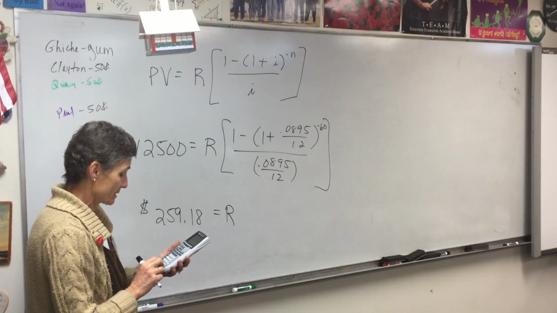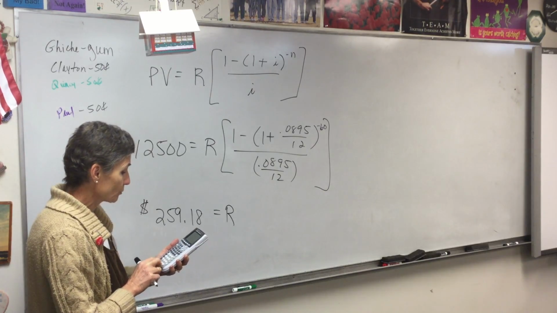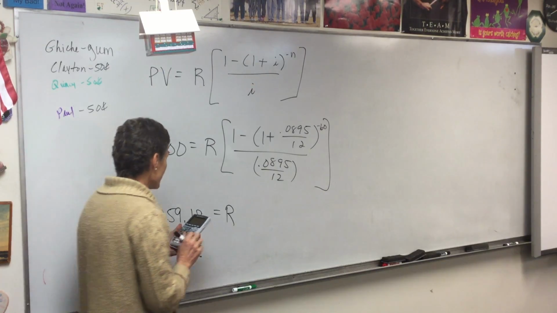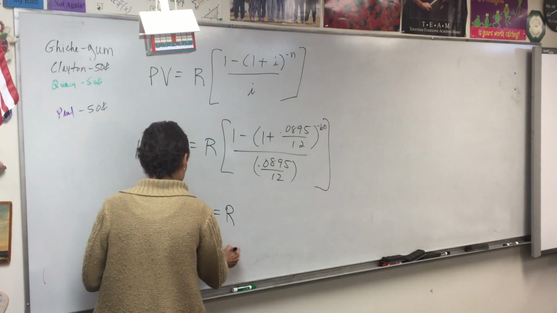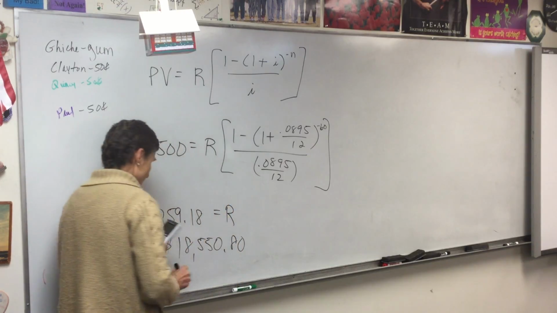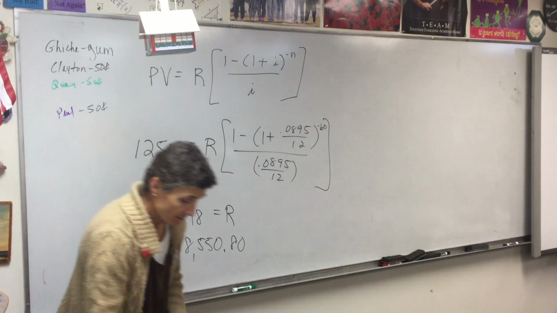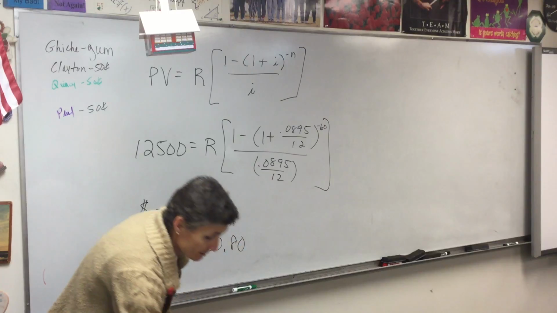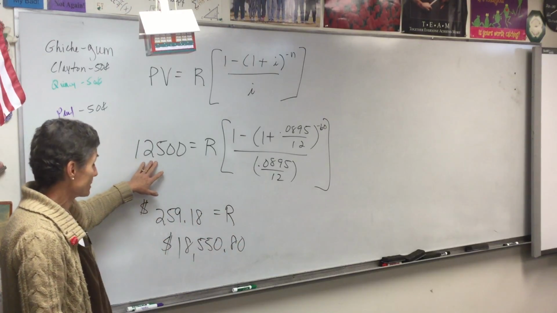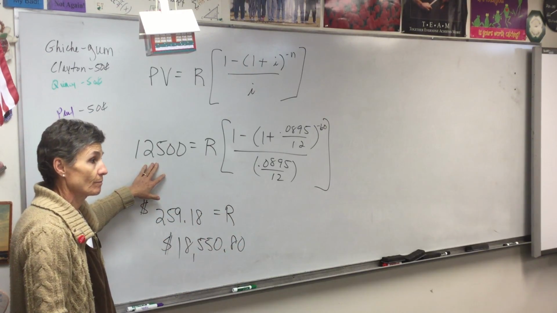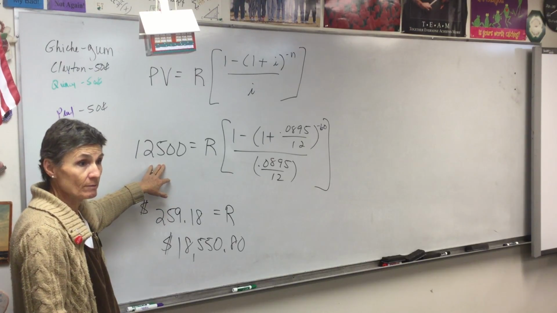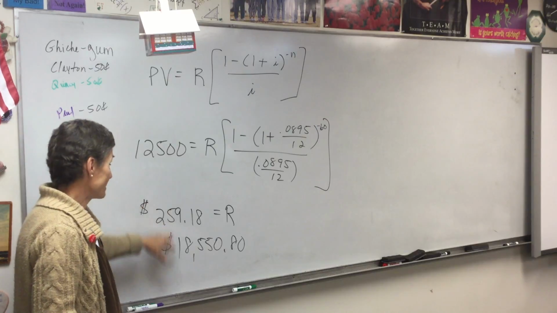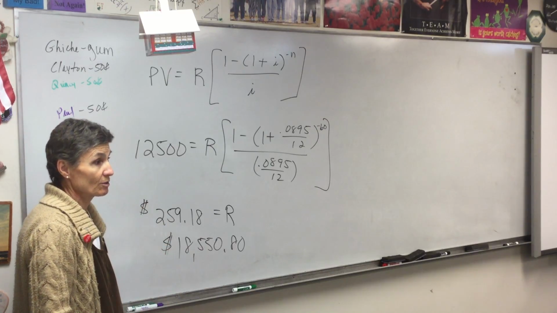That's my payments plus the original 3,000 I paid. So altogether, this car is going to cost me $18,550.80. That's how much I'm going to pay for it. It originally cost $15,500, right? Because I borrowed this much and paid $3,000 down. So basically, I paid an extra $3,000 in interest.